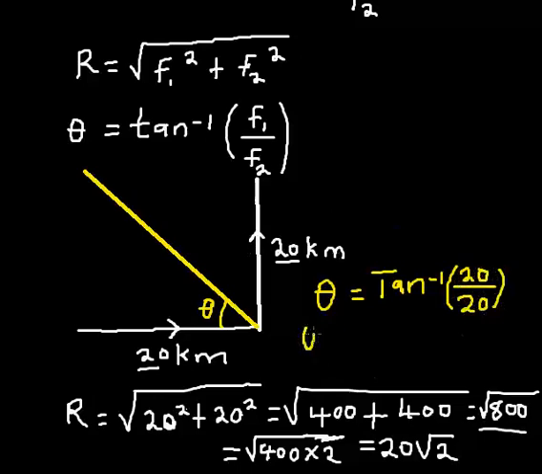So theta is tan inverse of 1, since 20 over 20 is 1. When you use your calculator to do tan inverse of 1, what you will have is 45 degrees. So theta will be 45 degrees, and that's going to be north of east.